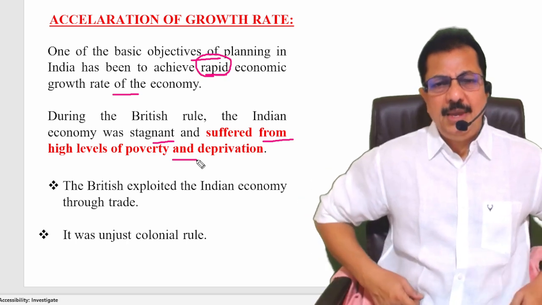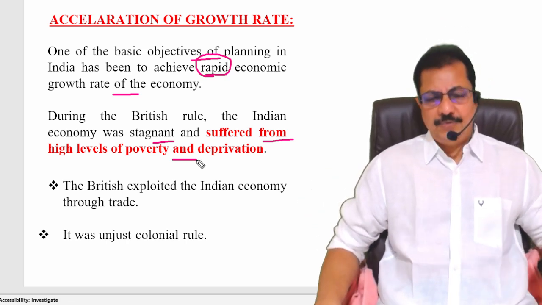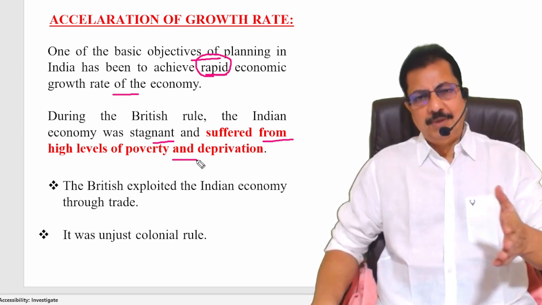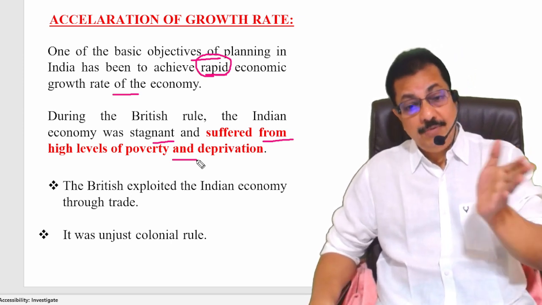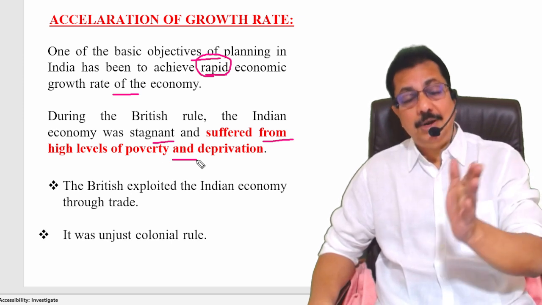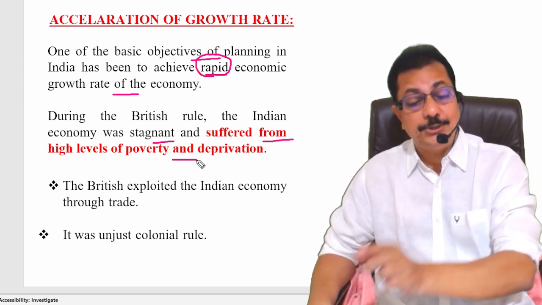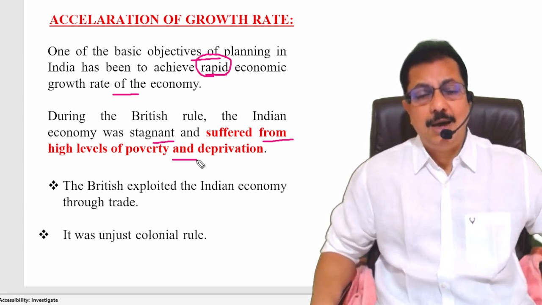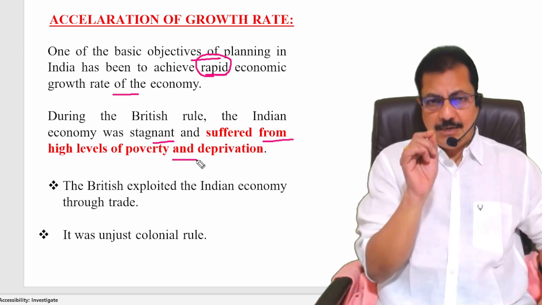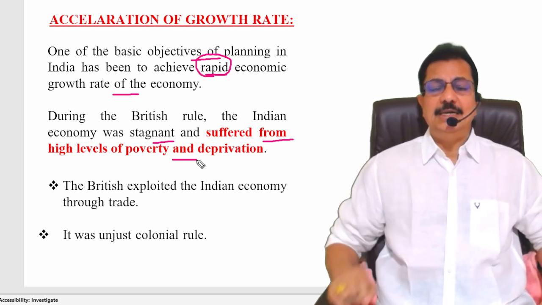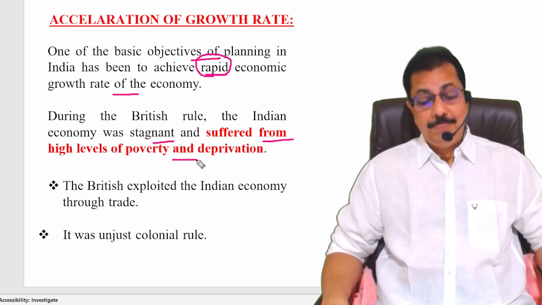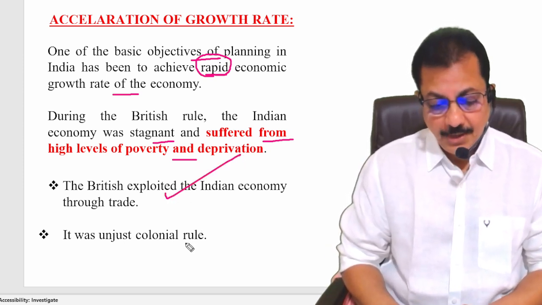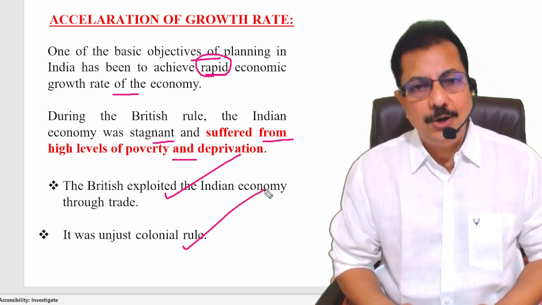This is one of the main reasons why India has suffered with poverty and deprivation that continued for a long time even after our independence. Even today, there is a large chunk of the population that is under poverty and facing deprivation. Am I clear? The British exploited our economy and it was unjust colonial rule.